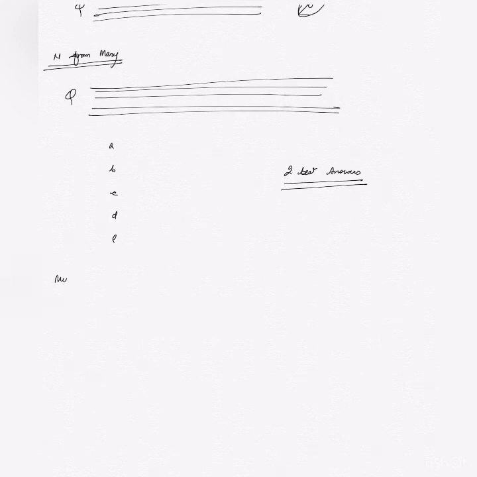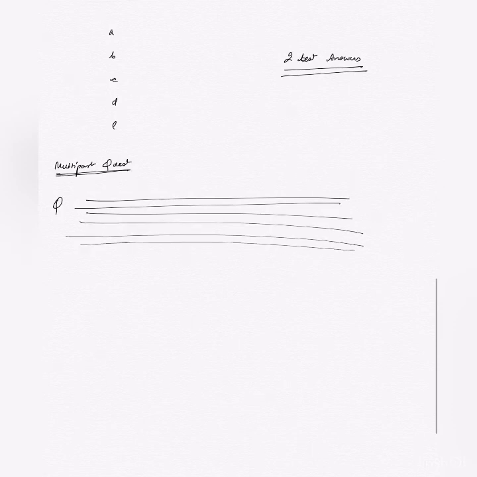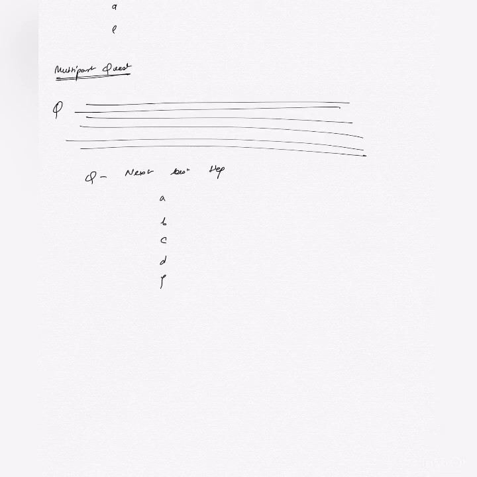And there will be multi-part questions. What is a multi-part question? Suppose they have given you a scenario, then the question comes, what is the next best step. Then they will give you A, B, C, D, E, 5 options, and you will have to choose from these 5 options.